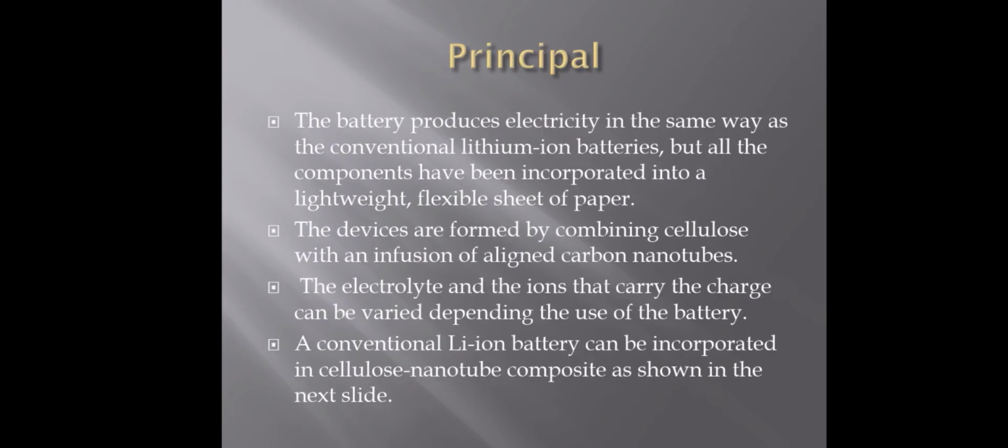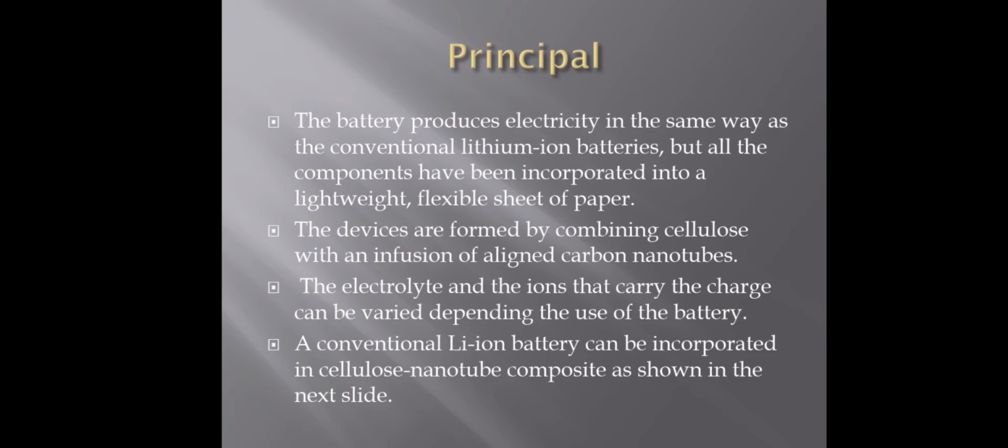Principle: The battery produces electricity in the same way as the conventional lithium-ion batteries, but all the components have been incorporated into a lightweight, flexible sheet of paper. The devices are formed by combining cellulose with an infusion of aligned carbon nanotubes.